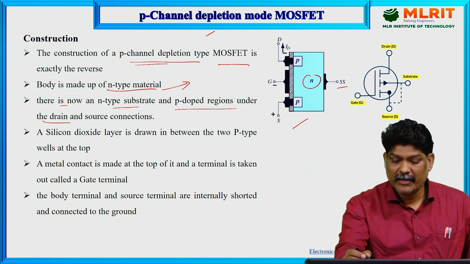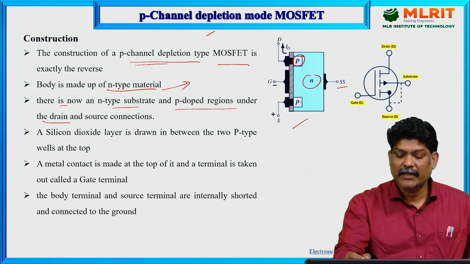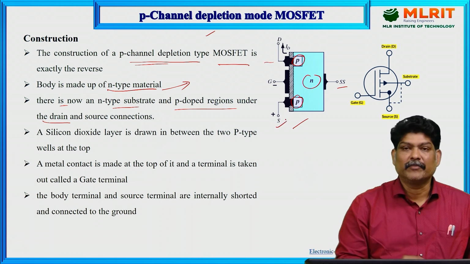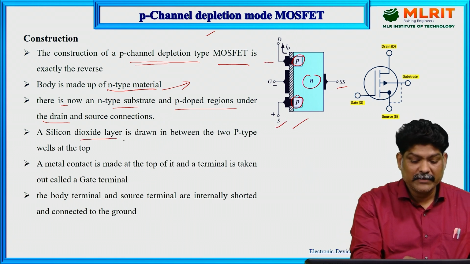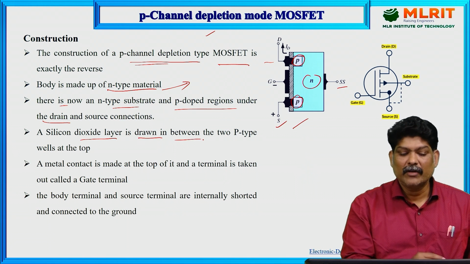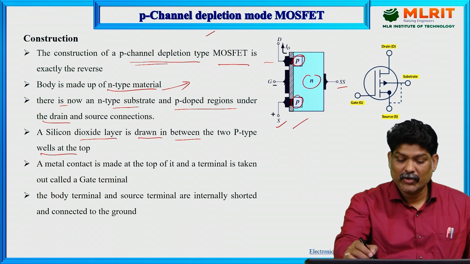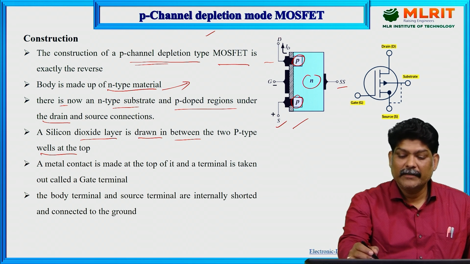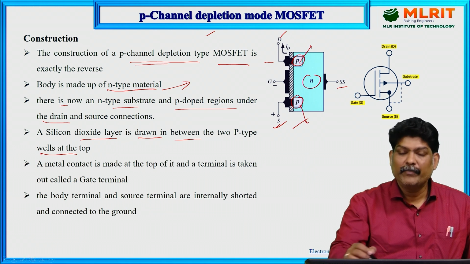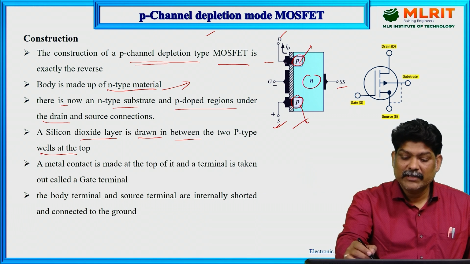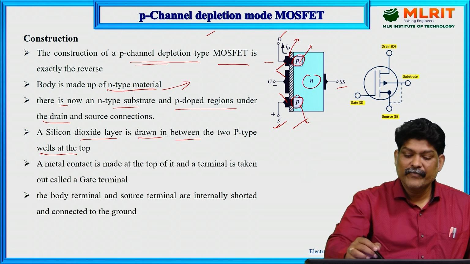You can observe here a P-type region under the drain terminal and a P-type region under the source terminal, with metal contacts on the top side. In between them we have a SiO2 layer.